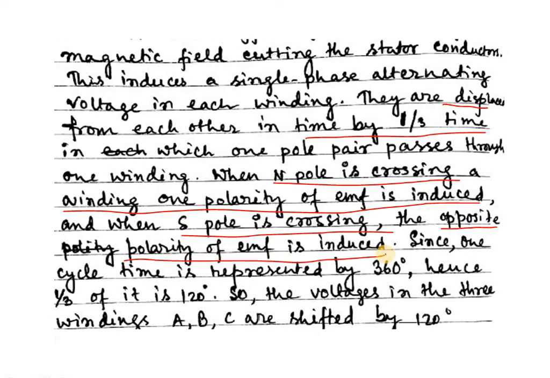Since one cycle time is represented by 360, hence 1/3 of it, that is 120, will be generated at each conductor A, B and C. So the voltages created in the three windings A, B, C are shifted by just 120 degrees.